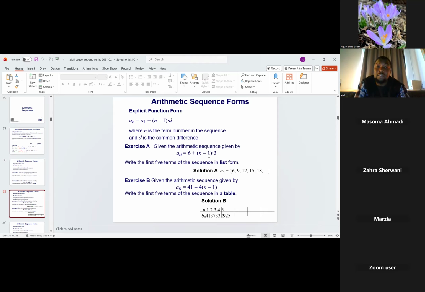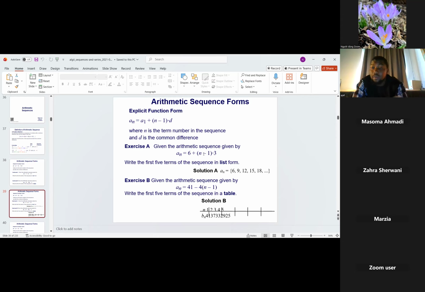So the 99th term of this sequence is 300. If I ask you to find the 1000th term, you can still find it because the formula is there. So please try to use the formula.